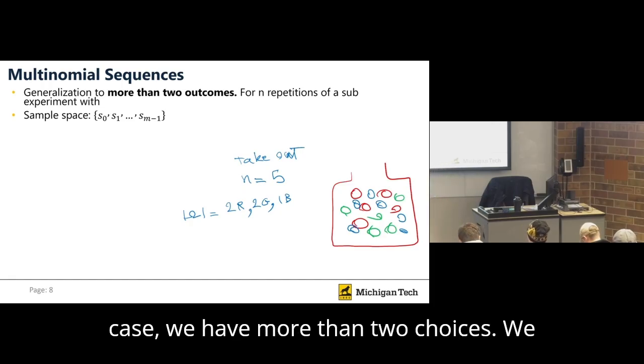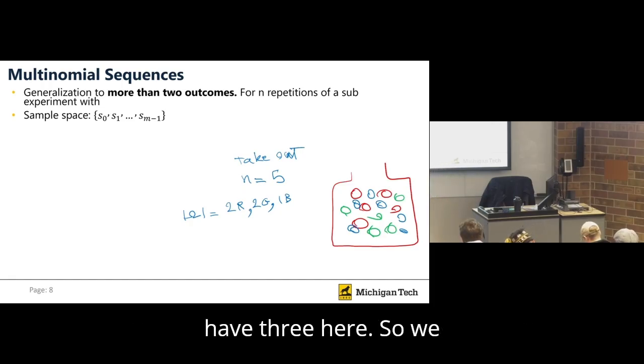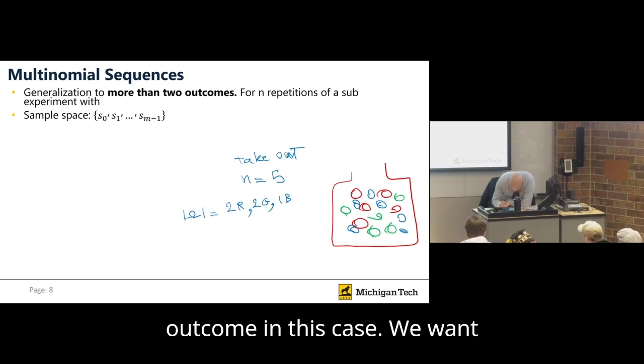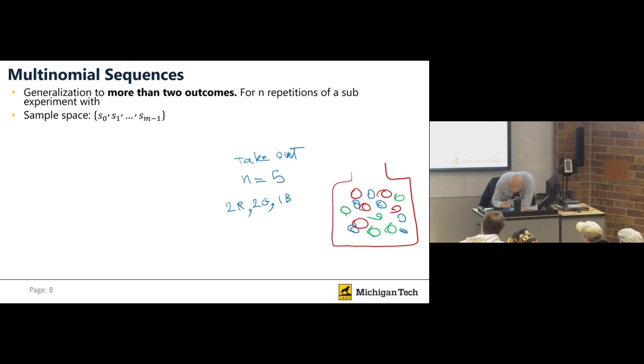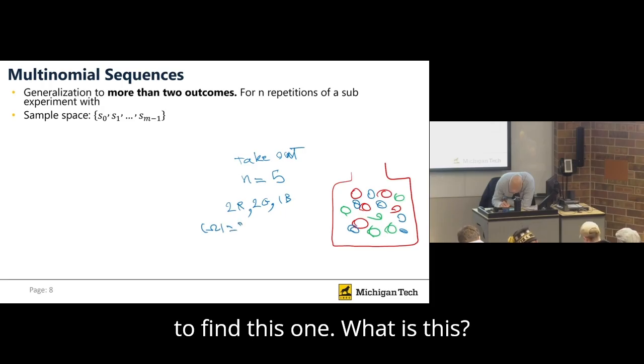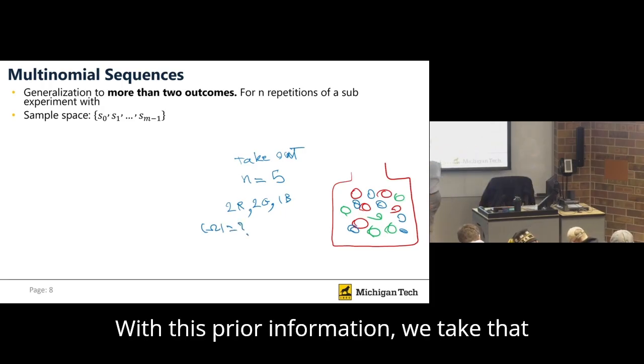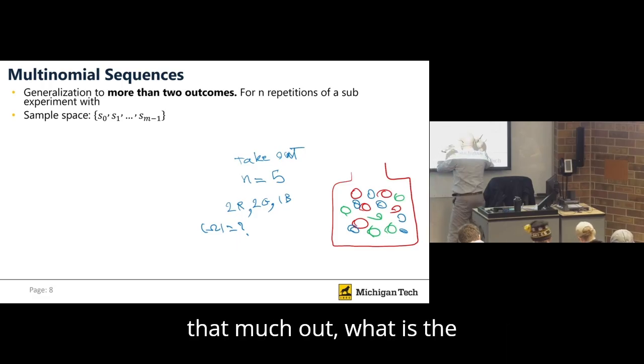In this case, we have more than 2 choices. We have 3 here. So we want to see what the number of outcomes is in this case. With this prior information, we take that much out.